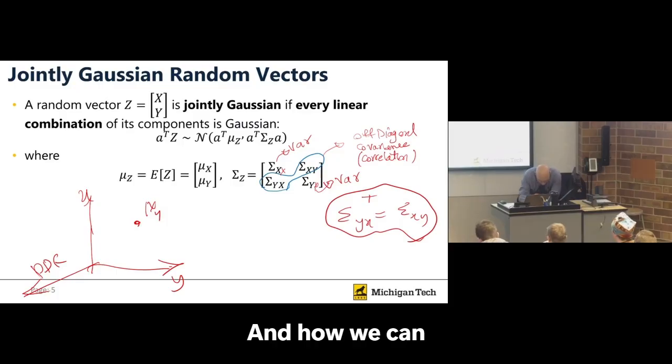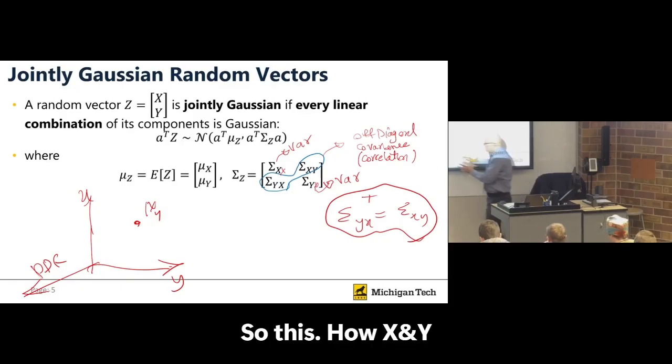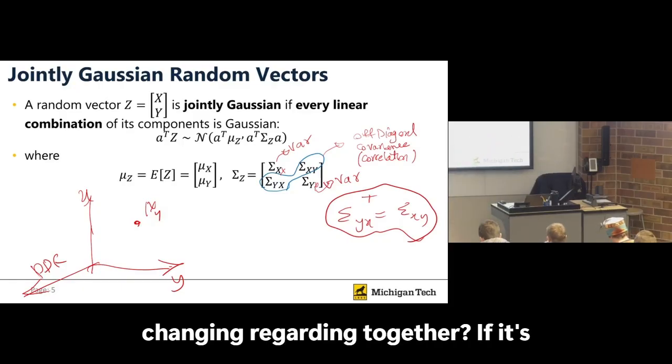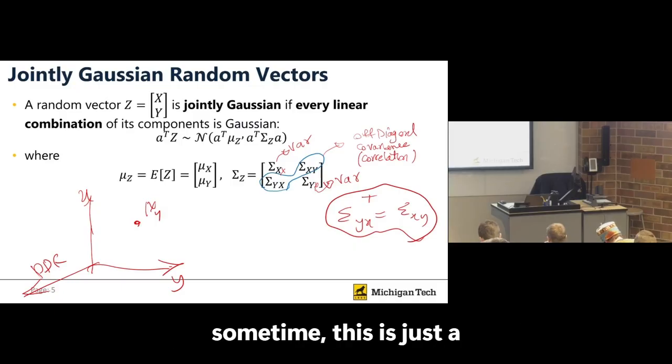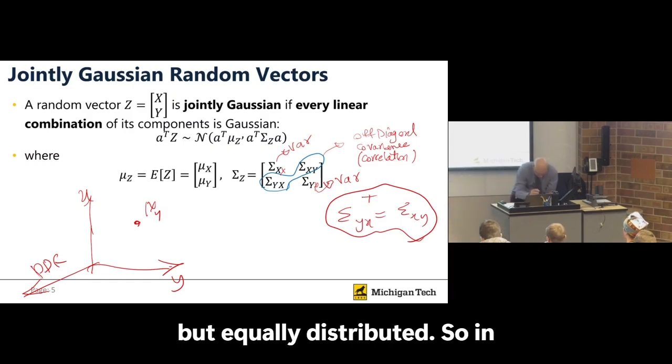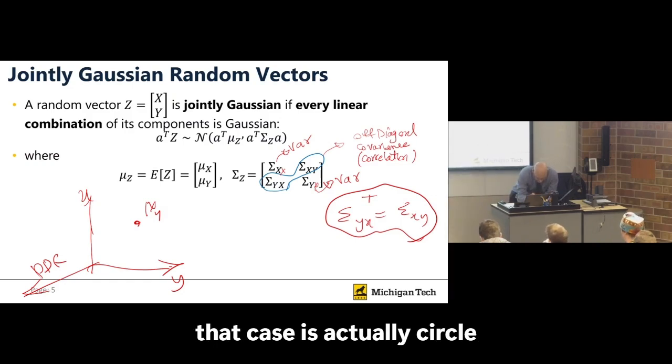And how can we see how x and y change together? Sometimes this is just a circle, like a bell shape coming out of the plane but equally distributed. So in that case it's actually a circle shape.